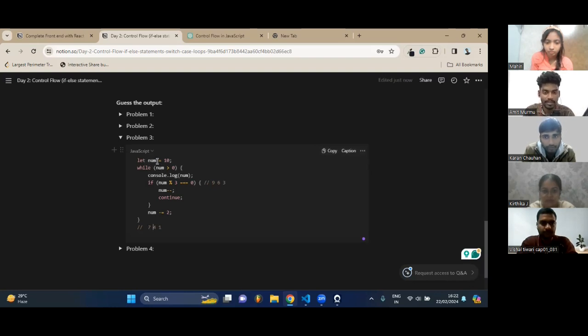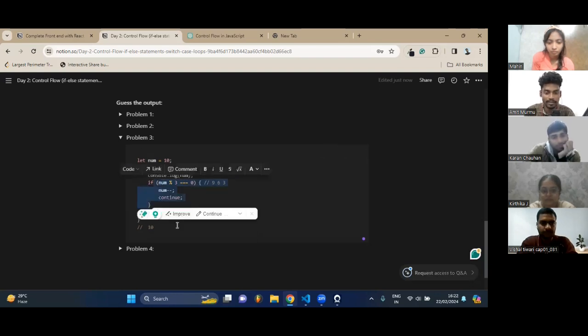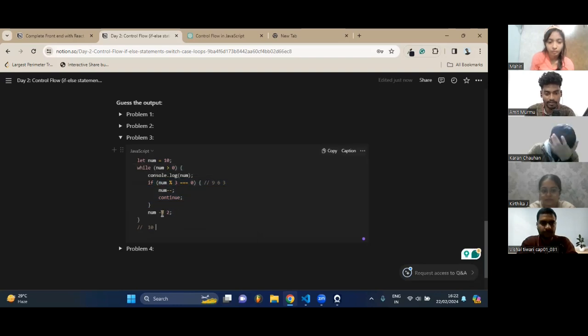So we have num, and then here we have the condition, and we are logging it at the very first line. So 10 we will get as our first output, and after that we are checking if that 10 is divisible by 3 or not. Of course, it is not divisible, so it will skip this whole if block, and we will get to the very end line, where we are decrementing 2 from this 10.